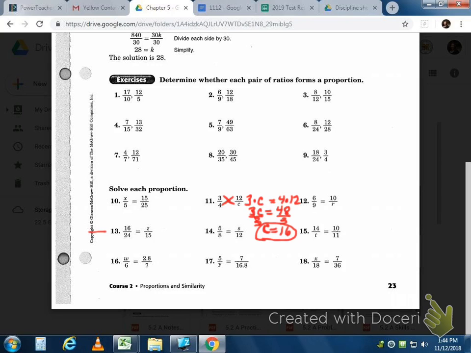Okay, number 13. 16 24ths equals Z over 15.